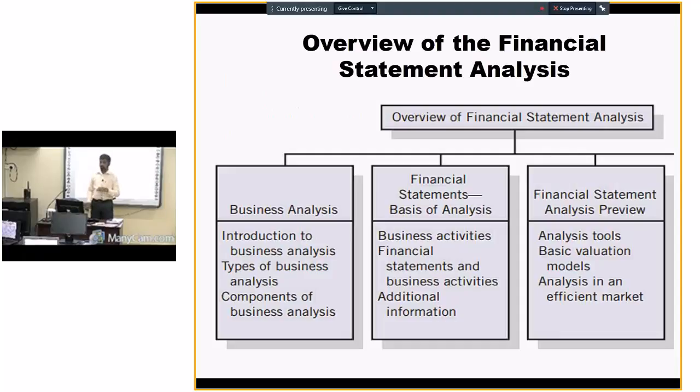Now, if you go to business analysis, the introduction to business analysis, types of business analysis and components of business analysis are very important to identify the place and the background of financial statement analysis. In addition to that, under financial statement analysis, we can identify the business activities, financial statements and business activities, and additional information in the annual reports.